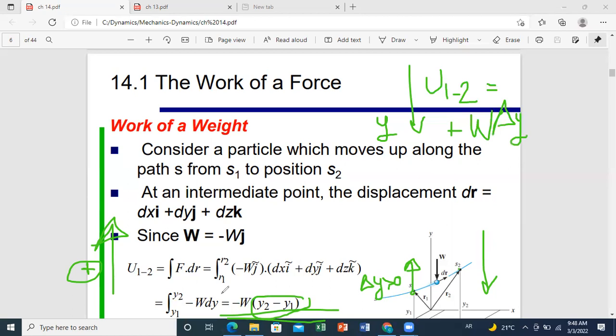To use minus W delta Y, you should have your y-axis upward. If your y-axis is downward, you use plus W delta Y. Anyway, if you go back to the relations, the only difference will be here. If y-axis is down, instead of having minus Wj, you will have plus Wj, and then you will have here plus W delta Y because y-axis is positive down. Any question on this part?